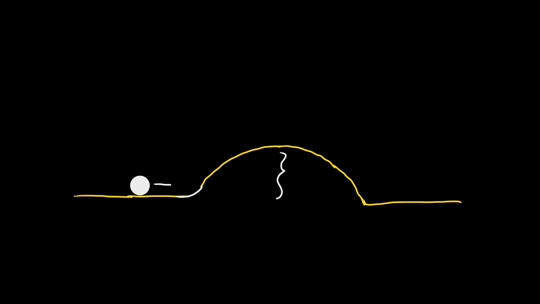And let's assume I'm traveling this way with a velocity of, let's go with something slower, 3 meters per second. And let's say the top of the hill is 1 meter above the ground. Could you use this to figure out how fast we're going when we reach here?